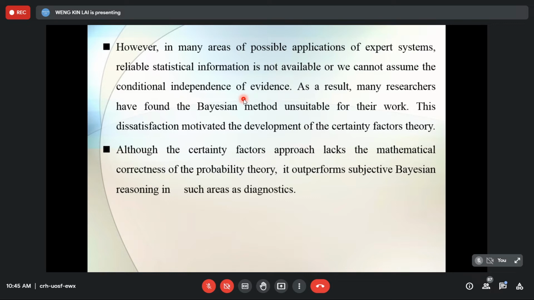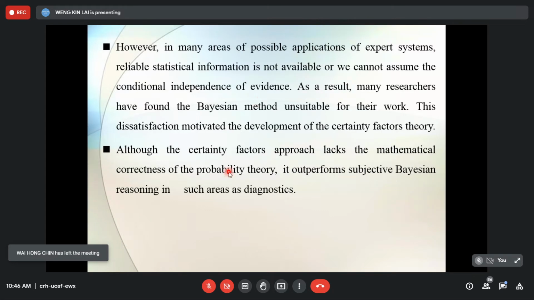As a result, many researchers have found that the Bayesian method is not suitable, because the Bayesian method is based on probability theory. As a result of such dissatisfaction, it has motivated the development of the certainty factors theory. Certainty factors are meant to overcome these problems of insufficient or unreliable statistical information, where the conditional independence of evidence is questionable.